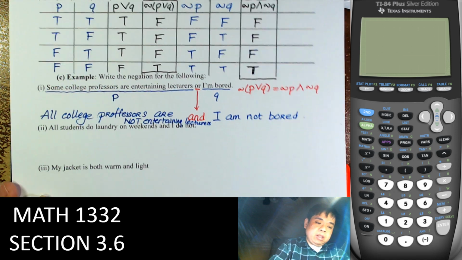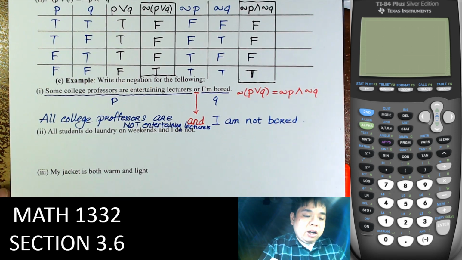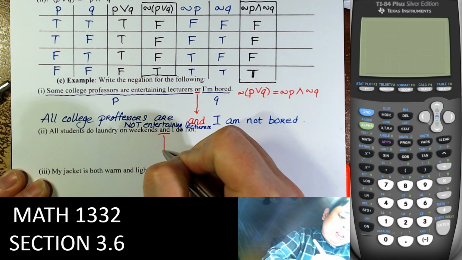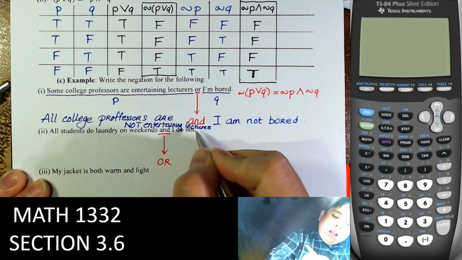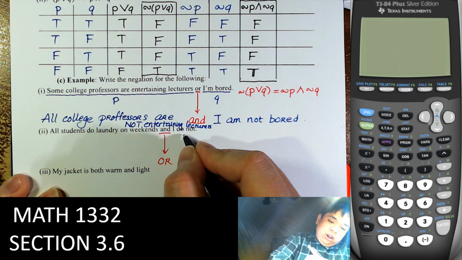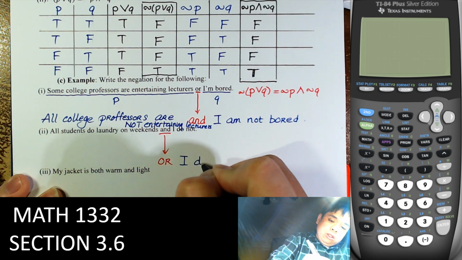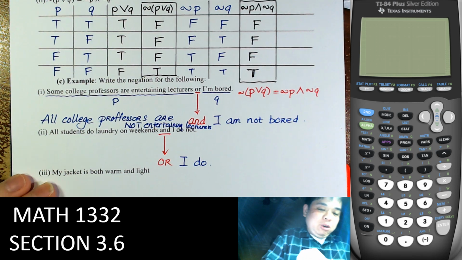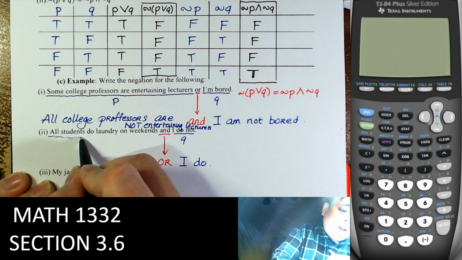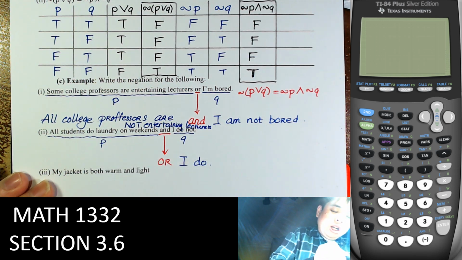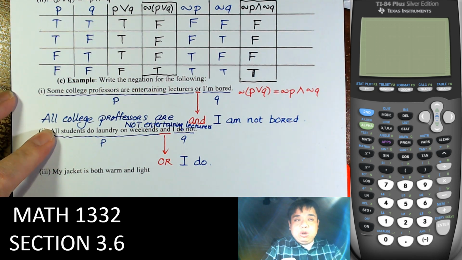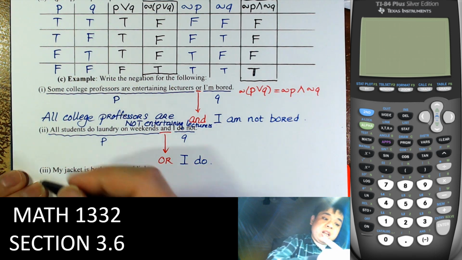Right. Next, all students do laundry on the weekend, and I do not. So the and here turns into or. I do not, so change that to negation: I do. Now we just need the negation of this. All students do laundry on the weekend. That has the universal quantifier, so we change to existential.